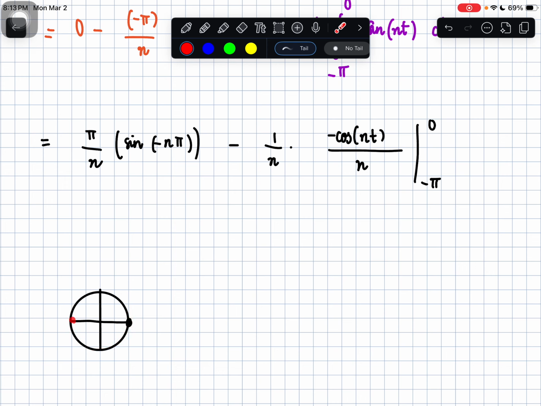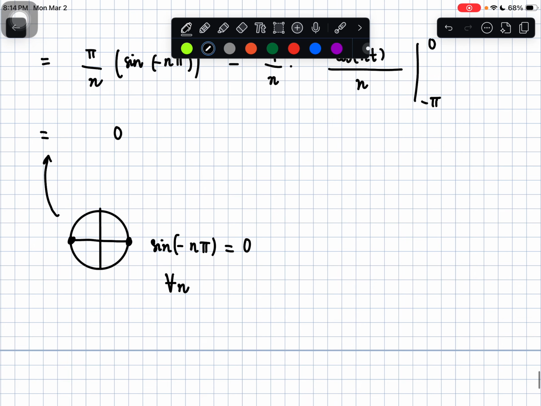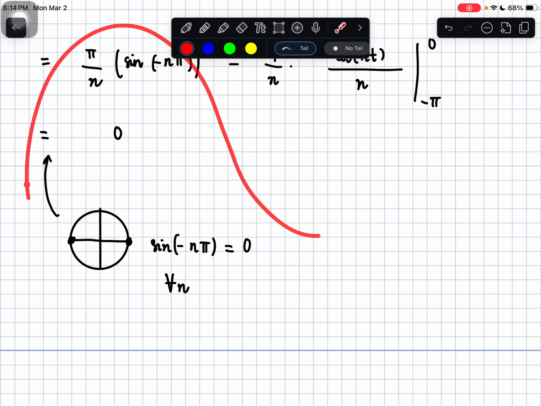It is here or here. Either way, sine will be 0. So the first term is 0. Sine of minus n pi is 0 for all n. And we only work with n greater than or equal to 1, but either way, this term is always 0.